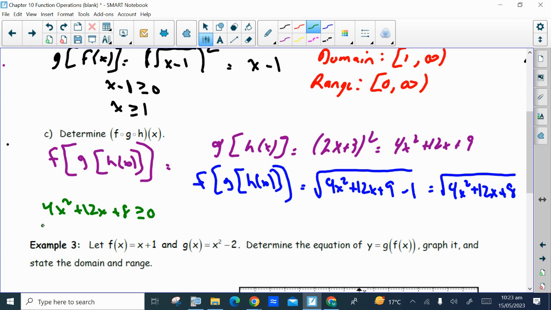We can factor this by taking out a common factor of 4. And remember, because this is a quadratic, we would look at the graph of this function. This is a quadratic that opens upwards. We can find our x-intercepts by factoring that quadratic.